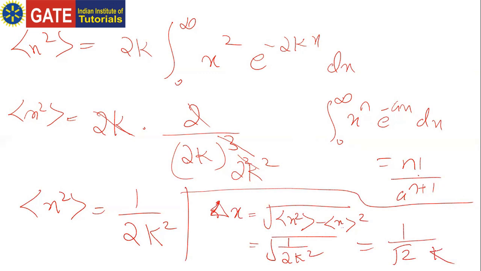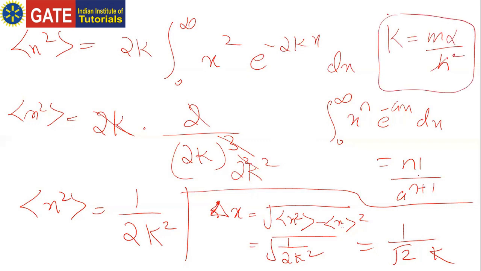Sometimes in the question, instead of k, they will write k equal to m alpha by h cross square. That you should change according to the option. If you are not seeing this answer in the option, please replace k. Then you will get the answer.